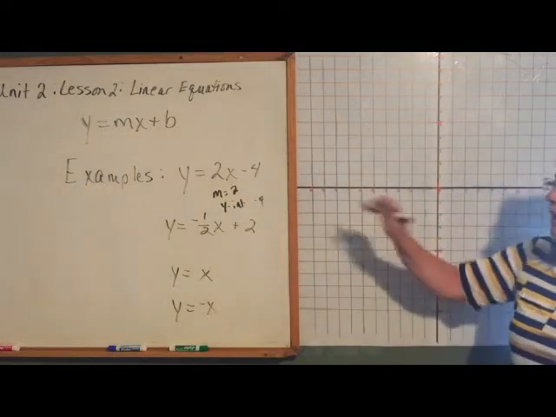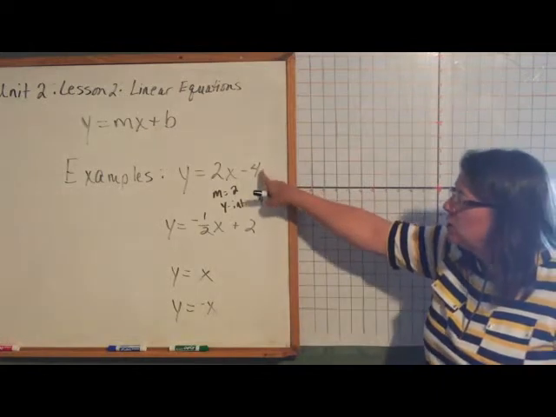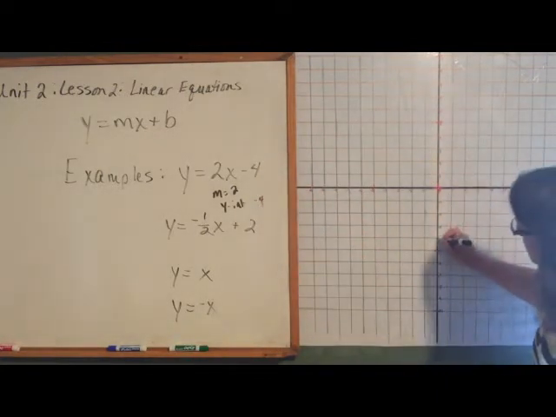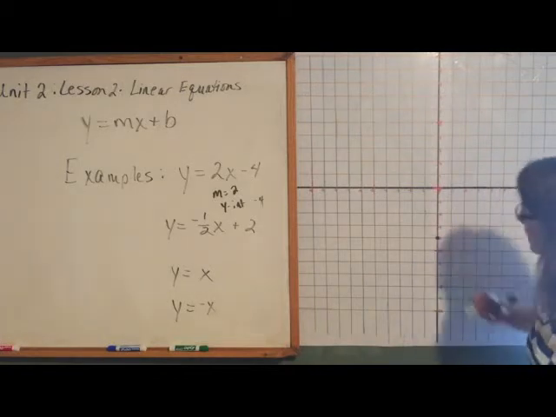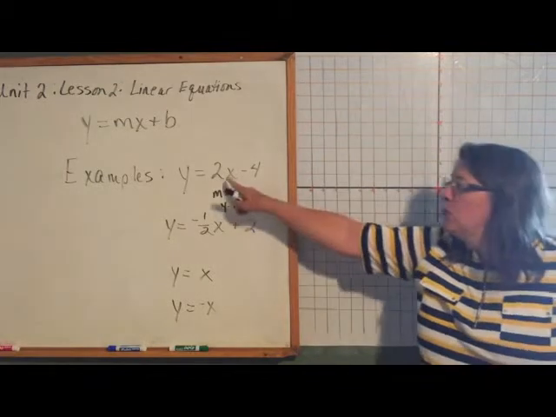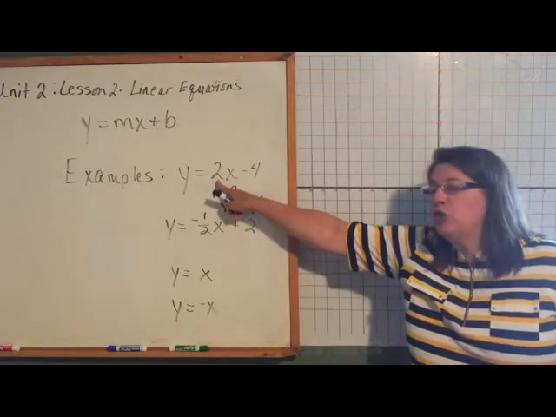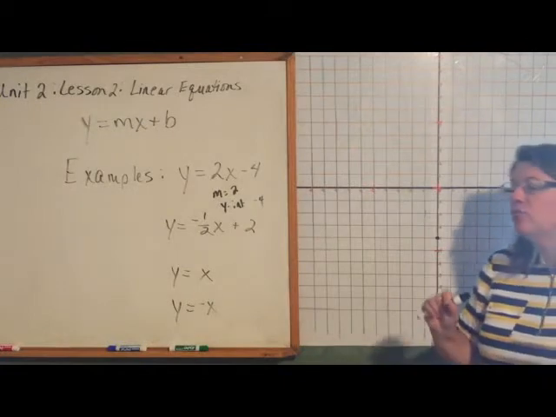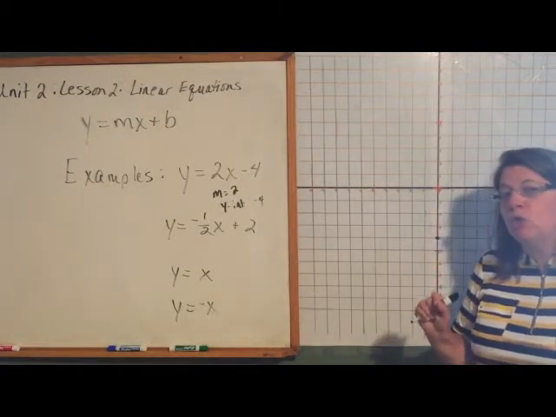So if I were to graph that, I'm going to go to the y-axis at negative 4 and make that my y-intercept for my line, and then from that point I'm going to go a slope of 2. If you think about that, the slope of 2 means rise over run, so that would be 2 over 1.